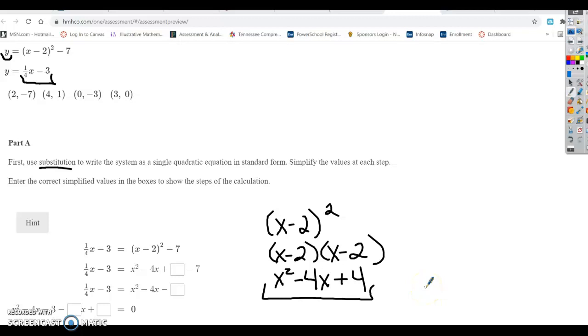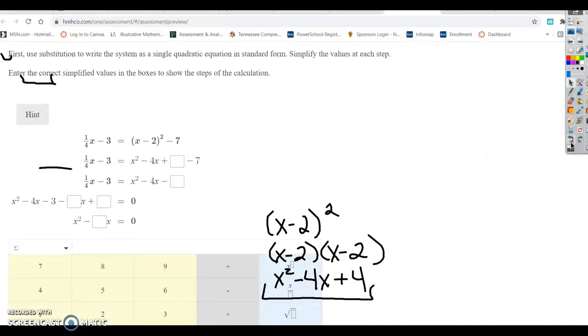All right, so that means there is a plus 4 that goes here. You can see all we did was take this number here. And then they're going to do plus 4 minus 7 is -3.